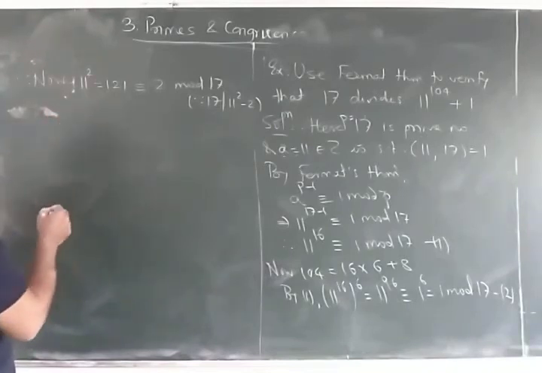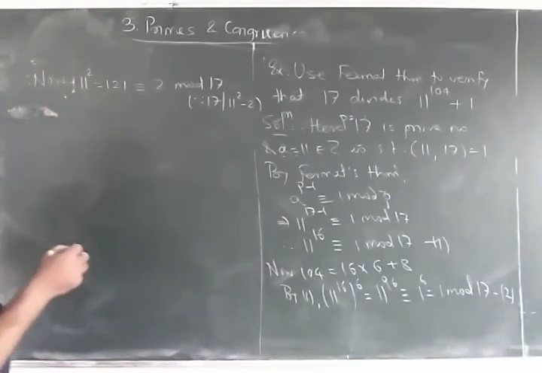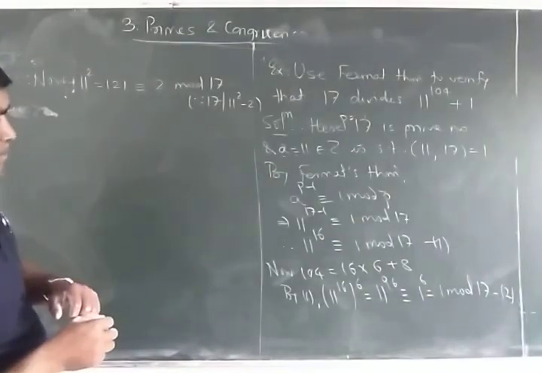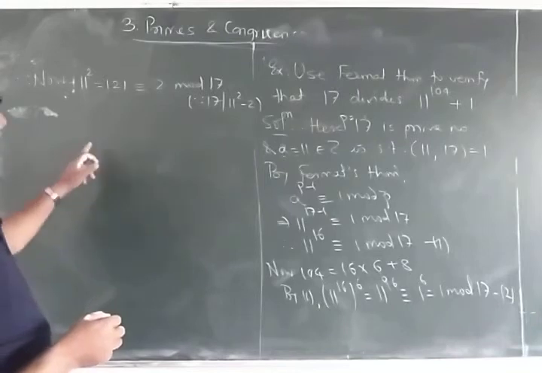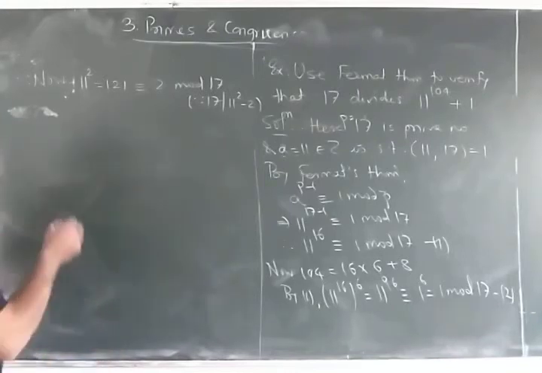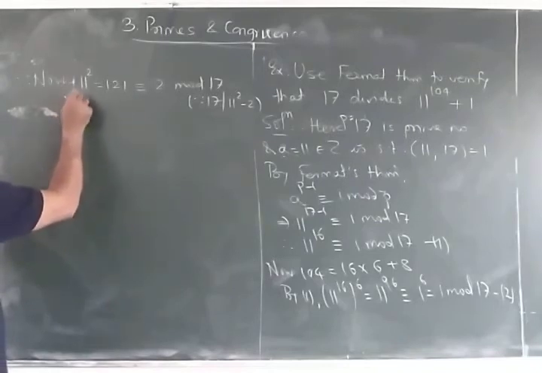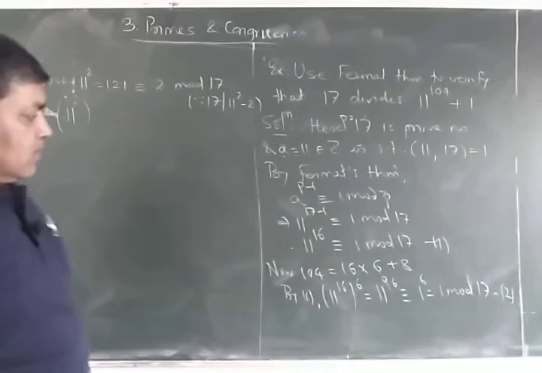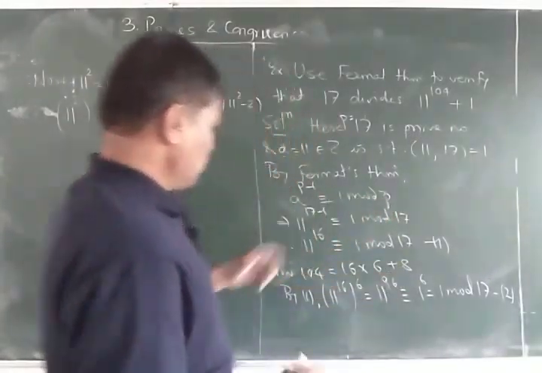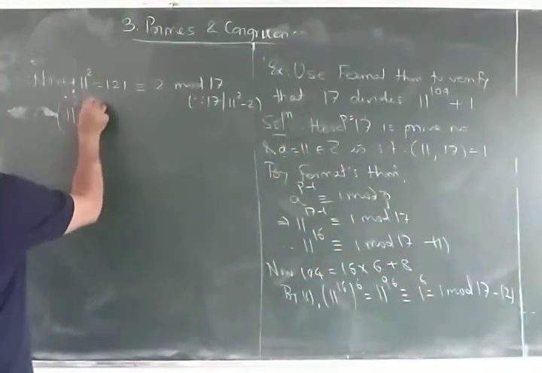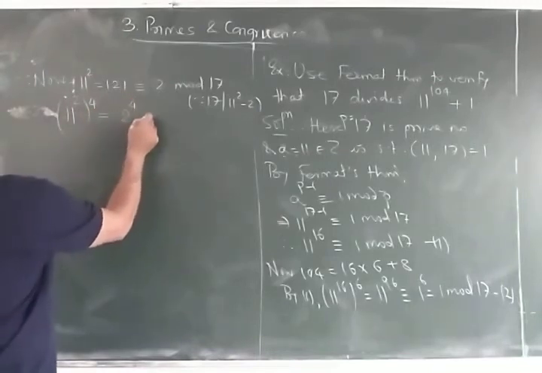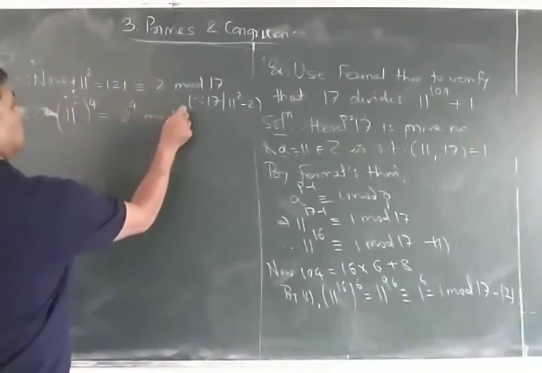Therefore, if I take its fourth power, 11 raised to 2, raised to 4, is congruent to 2 raised to 4 modulo 17.